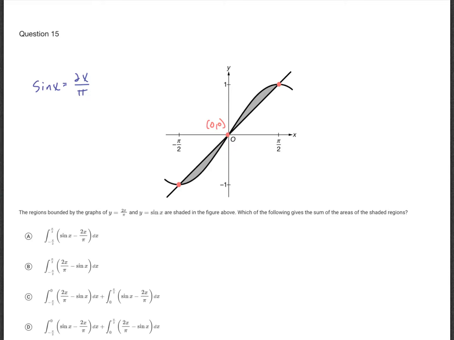Okay, so this, you just have to kind of notice that when x is pi over 2 and negative pi over 2, this works.